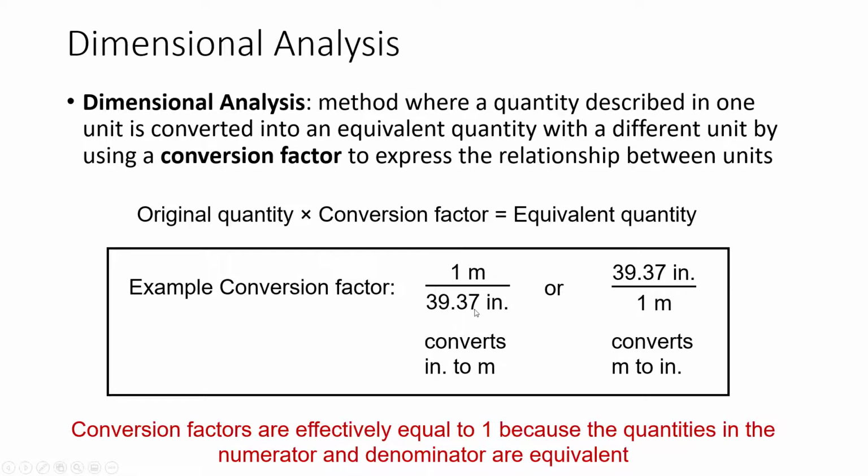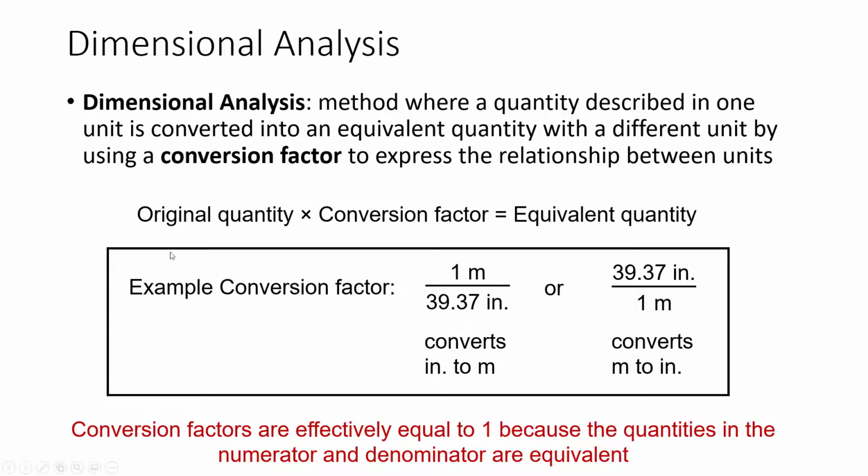And you can write that conversion factor in either way. You can write it as a fraction with the 1 meter on top in the numerator and inches on the bottom in the denominator, or inches on the top in the numerator and meters on the bottom. Both of these are equal to each other, and you can use them in any way that you want. So conversion factors are effectively equal to 1 because the quantities in the numerator and denominator are equivalent.